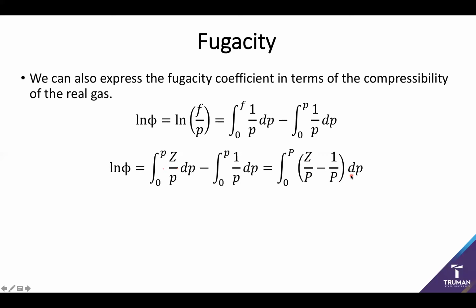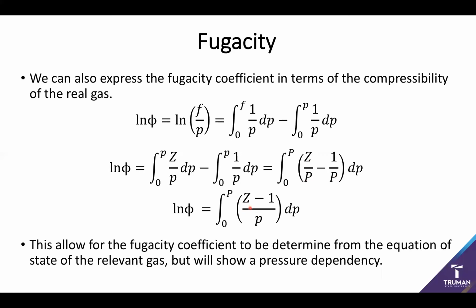So, okay, this is a little bit of a cumbersome sort of integral, but our two pressures will essentially go ahead and condense. And not exactly the best integral we've encountered. But what this allows us to do is if we have an analytical expression for our compressibility factor, well, then I can substitute that in, run the equation and the integral, and we're going to be able to determine the fugacity of the system.